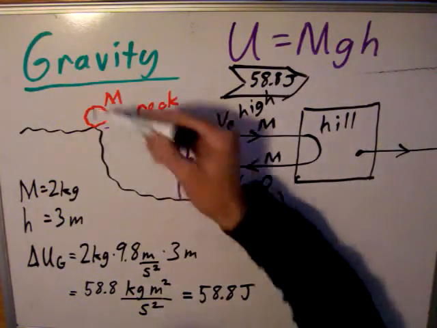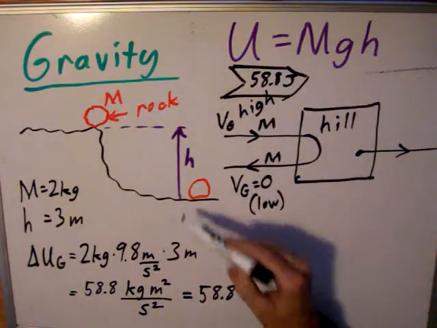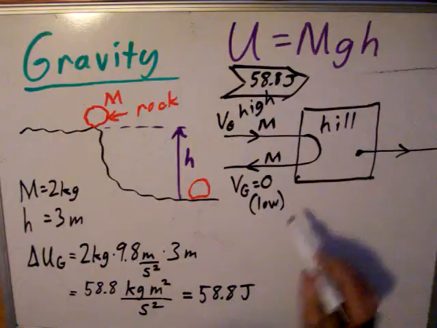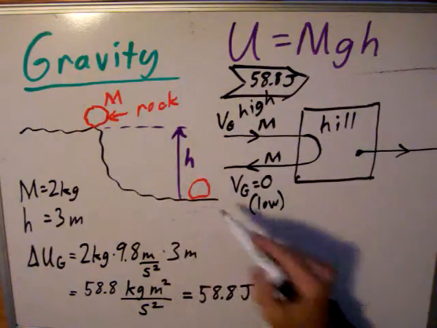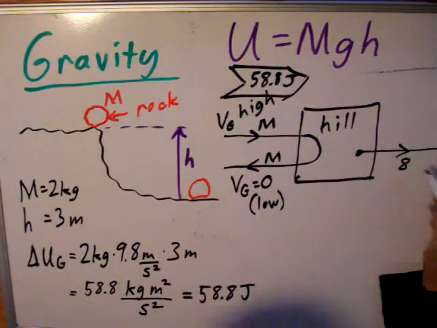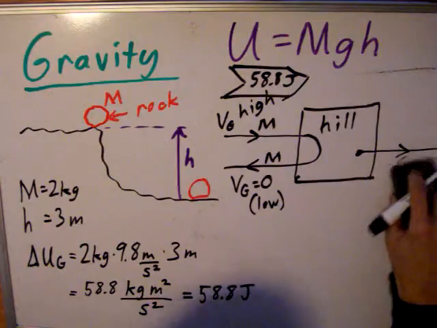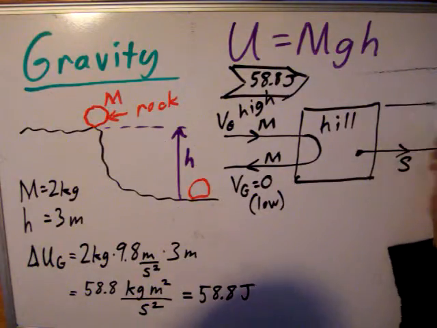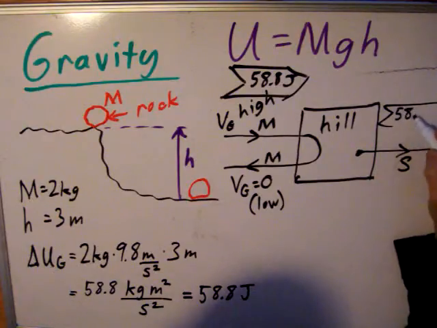That's because entropy would have to be destroyed in order to do that. You only see the rock roll down the hill, so you know that it must be an irreversible process, and entropy must be created. So here's entropy, here's entropy created, and that created entropy must carry away the 58.8 joules.